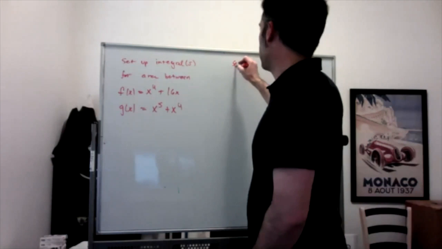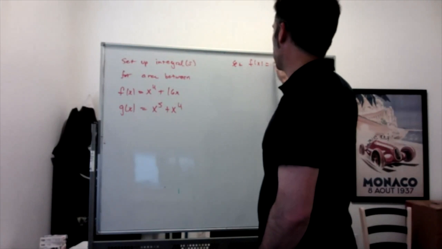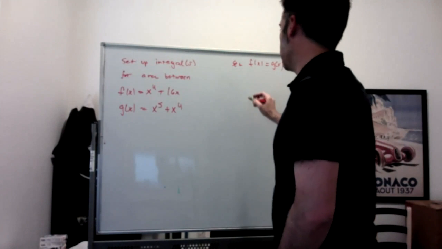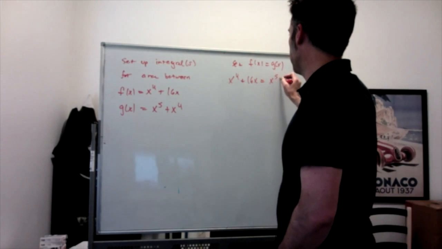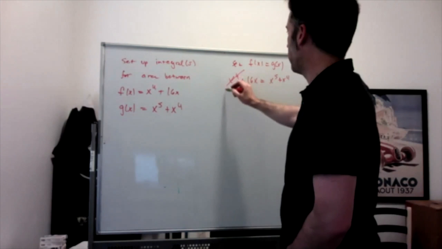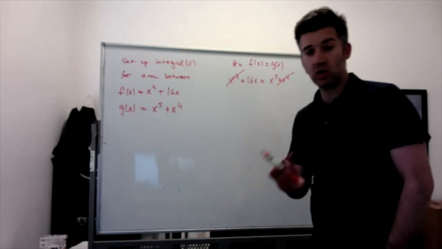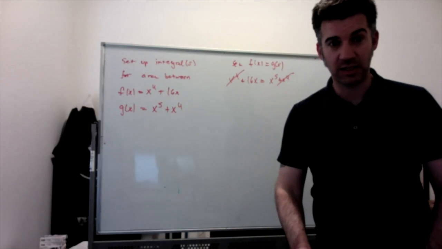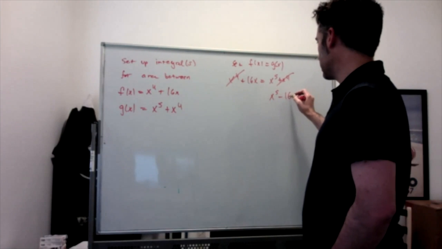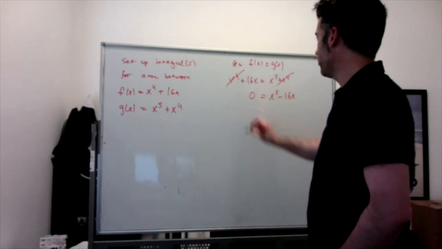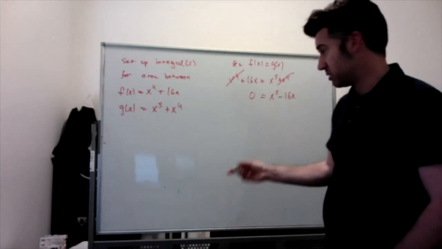So we're going to set f of x equal to g of x. So x to the fourth plus 16x equals x to the fifth plus x to the fourth. The x to the fourth cancel. We should not divide by x. We should say, okay, x to the fifth minus 16x equals 0. And then we should factor as much as possible.